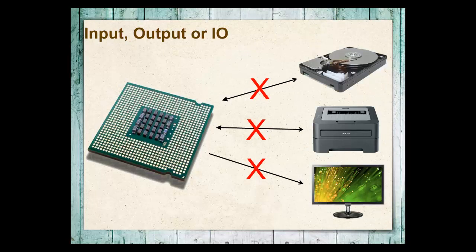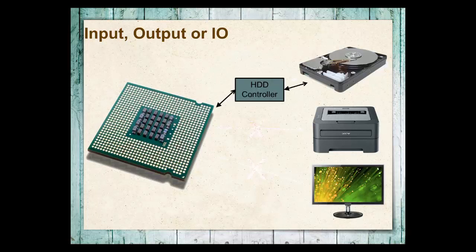What is important to recognize is that no matter which one of those devices you go to, as long as it's not main memory, your processor cannot be communicated with directly. Data cannot flow between these and the processor. What you require instead is some form of controller. So that I/O device in the von Neumann model is called an I/O controller, or input-output controller.